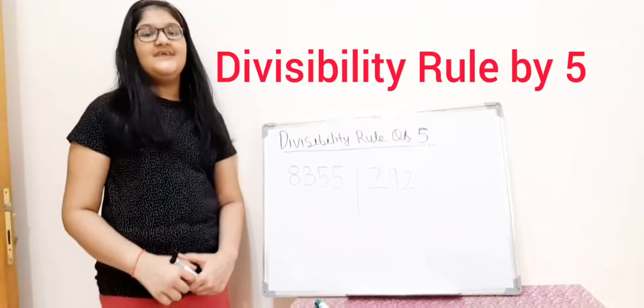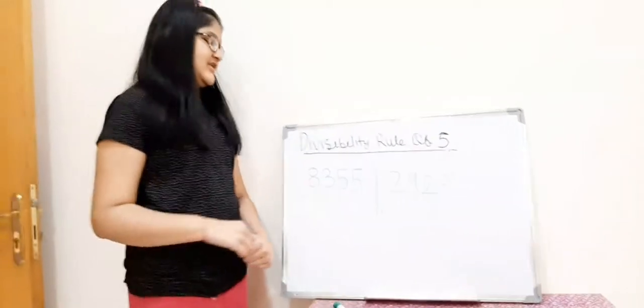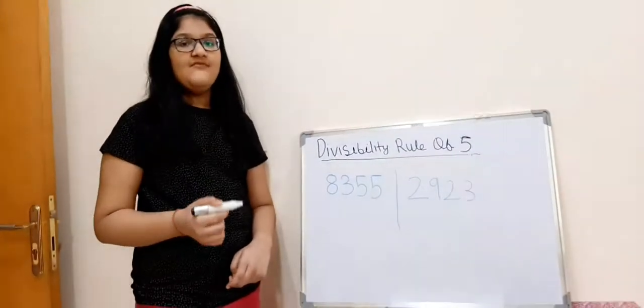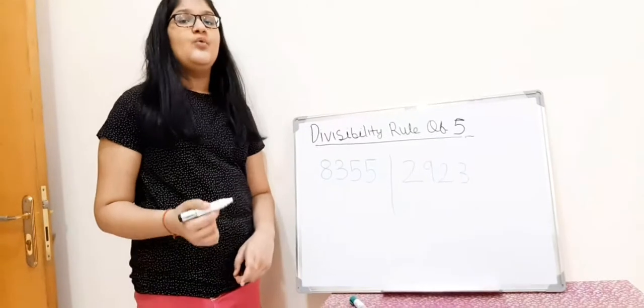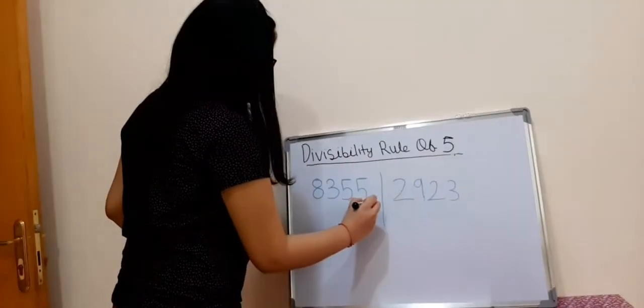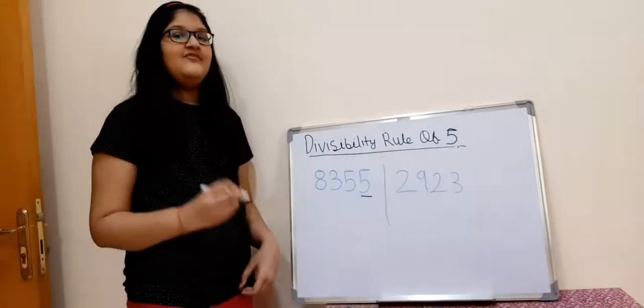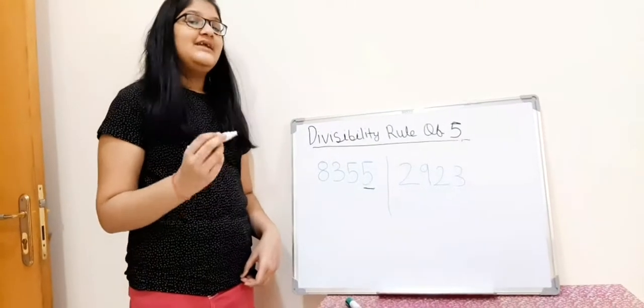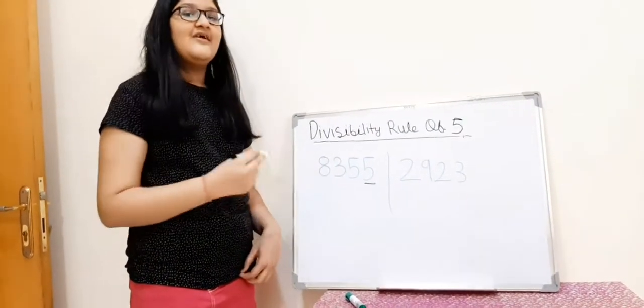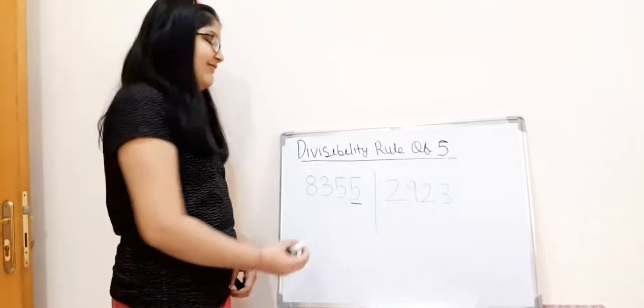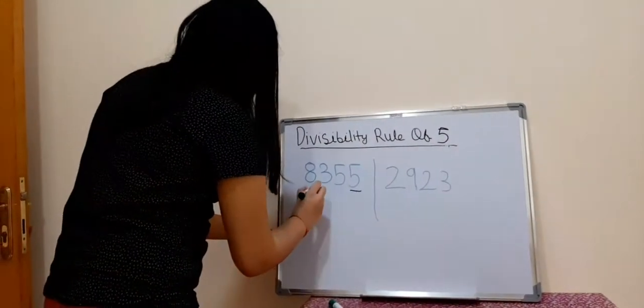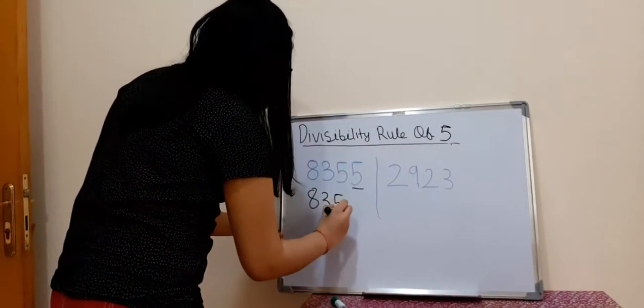Now let's see the divisibility rule by 5. In the divisibility rule of 5 also you have to see the last digit, which is the unit place. So it is 5. Now if the unit place is 5, then the number is also divisible by 5. Now let's see if it would have been 8350.